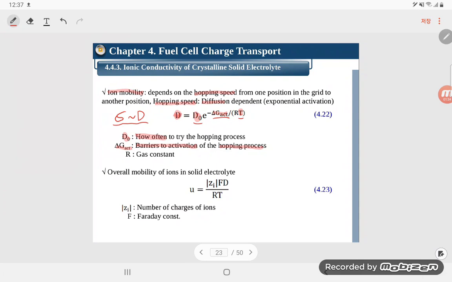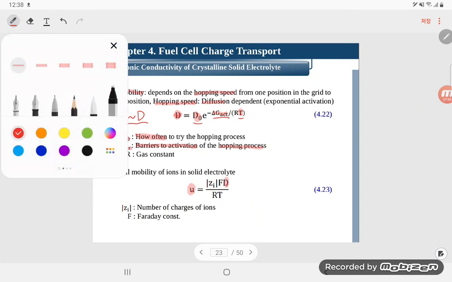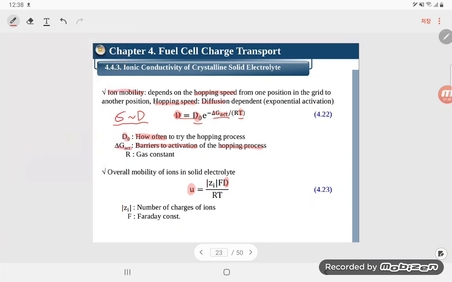And the overall mobility of the ions in the solid electrolyte is then defined as this equation. So this D is inserted here, z_i F D over RT, where, as we know, z_i is the number of charges of the ion and F is the Faraday constant.